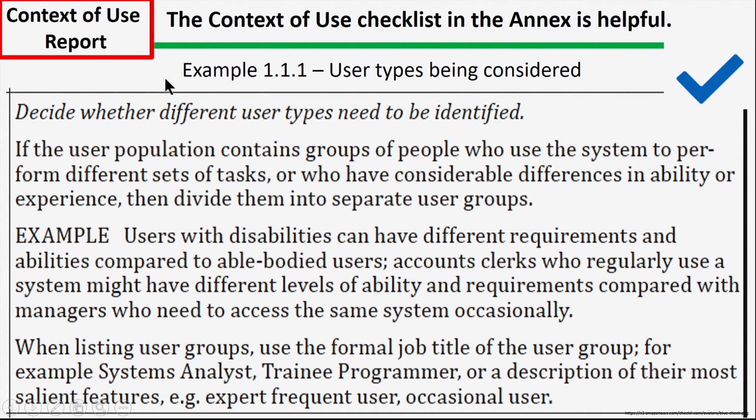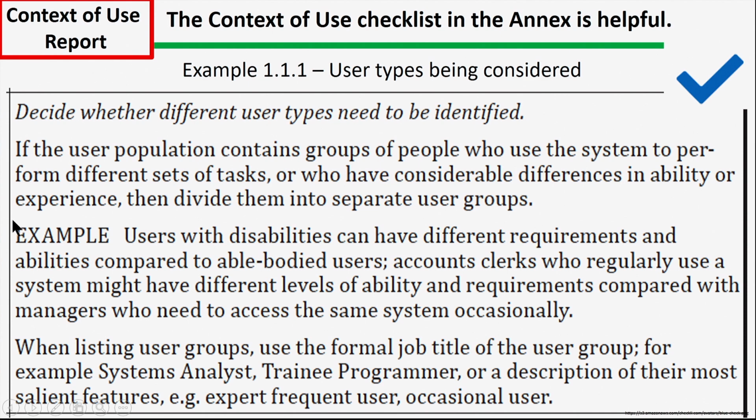I think one of the most useful parts of the context of use report that I found was the checklist in the annex. What I provided here is an example of one item, example 1.1.1. Decide whether different user types need to be identified. If the user population contains groups of people who perform different sets of tasks, et cetera.